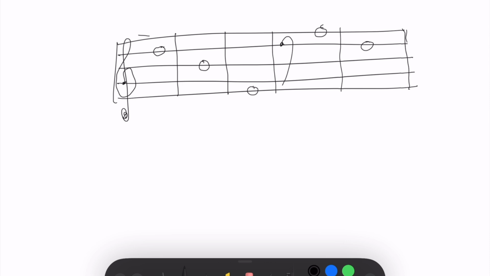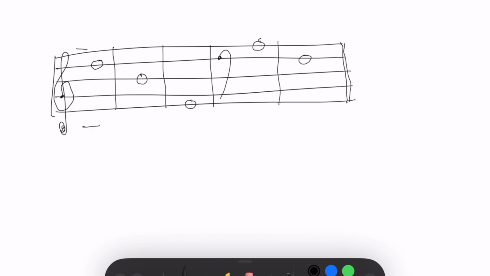Remember, we could have double bar lines. Okay. A question is given to you and it says, write out the music alphabet name of these notes.